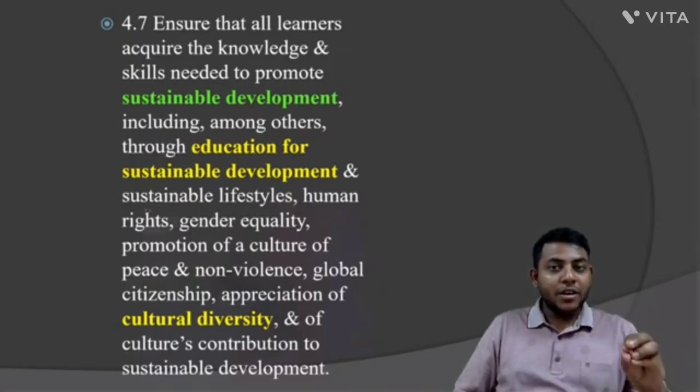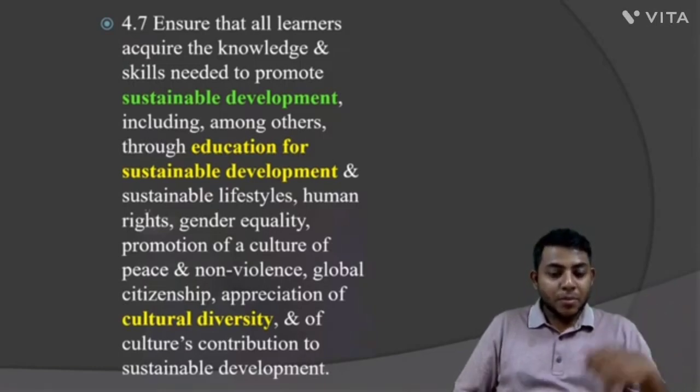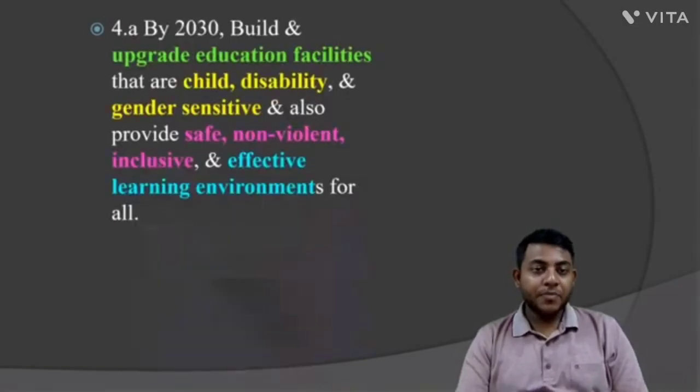And the 8th schedule of our Constitution gives recognition to 22 languages as scheduled languages, and those languages are to be protected. So cultural diversity and culture are also to be taken into account when we talk about Sustainable Development Goals relating to education.